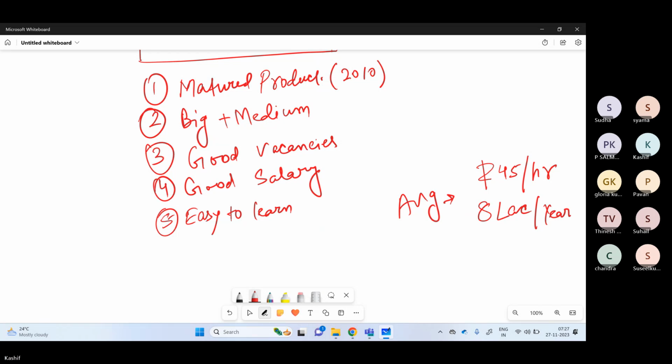In SCCM, you need some prerequisites, like some understanding of DNS, DHCP, and other things. But in Intune, you don't need those. If you have those skills or that understanding, it is well and good.